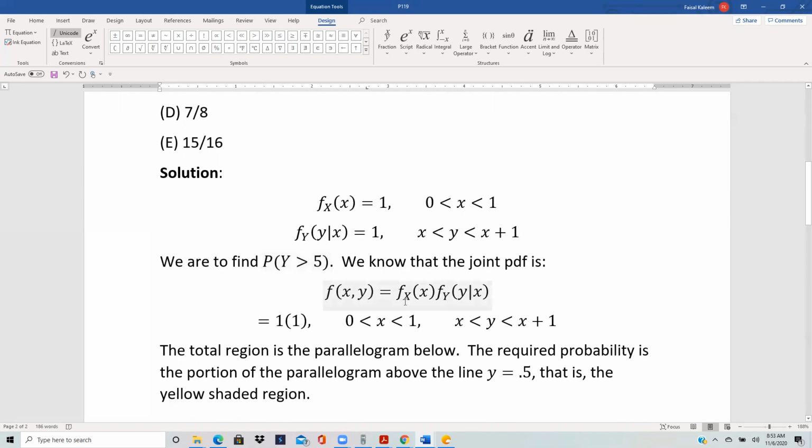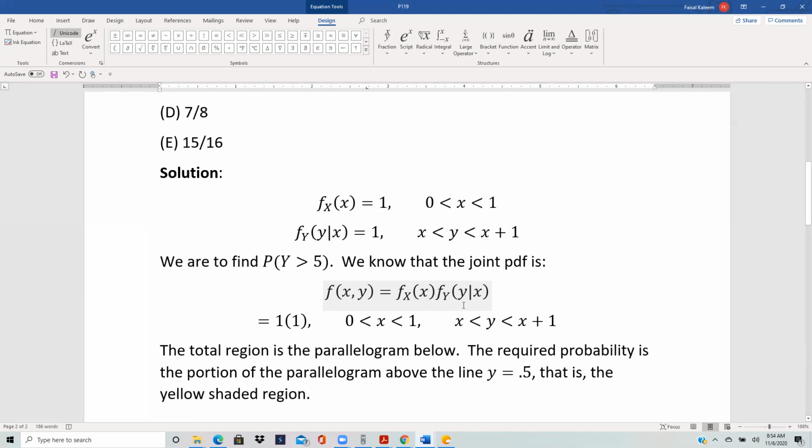So we need the joint PDF, and we know that the joint PDF can be written like this: f of x, y is equal to the marginal density of x times the conditional density of y given x. Remember that when x and y are independent, the conditional density of y given x is just f_Y of y, and then we just have f_X of x times f_Y of y.